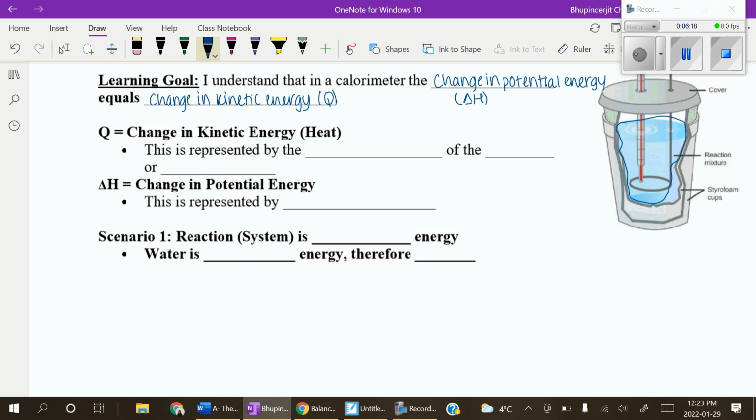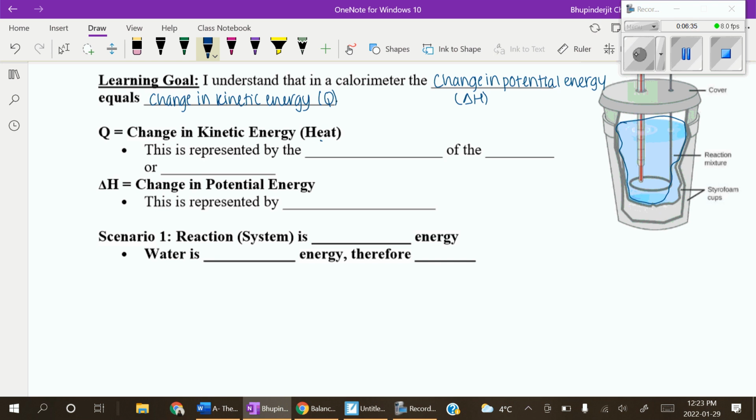Q is the change in kinetic energy, which will be representing heat. Whenever we are looking at Q, we are looking at heat. We are looking at kinetic energy. So all of these three things can be interchanged, but we're looking at the same thing.